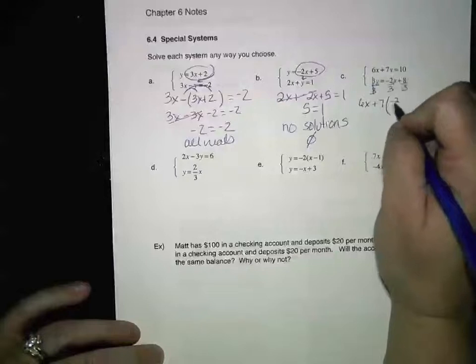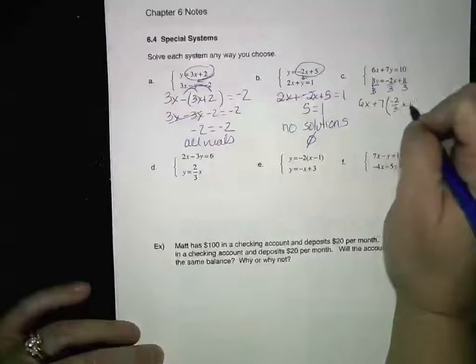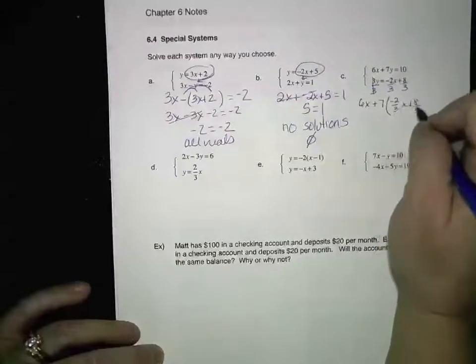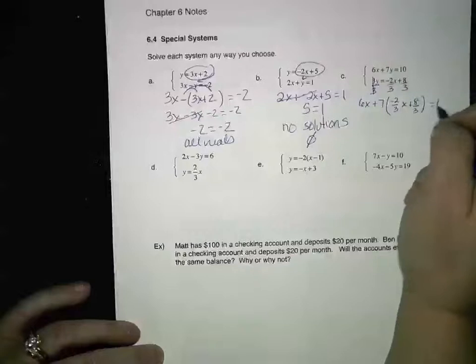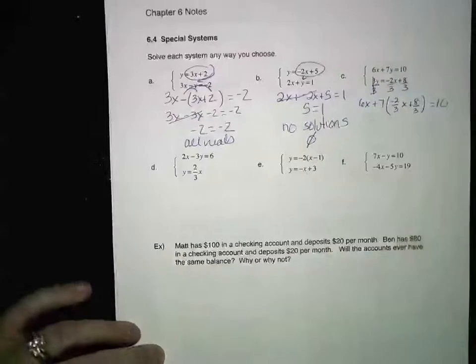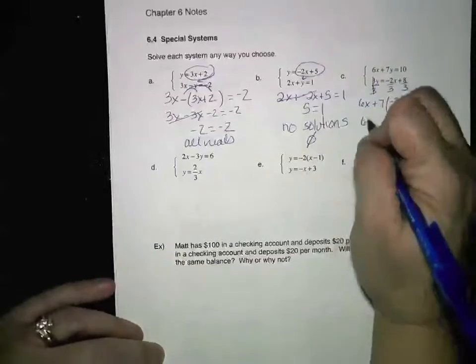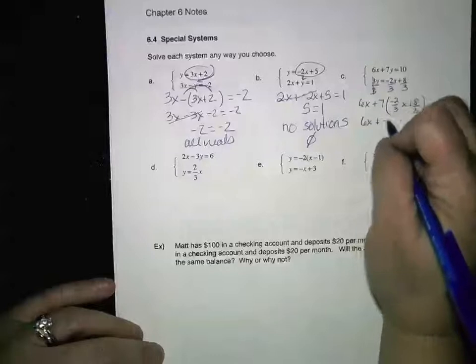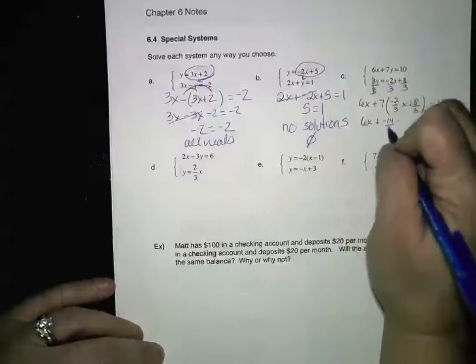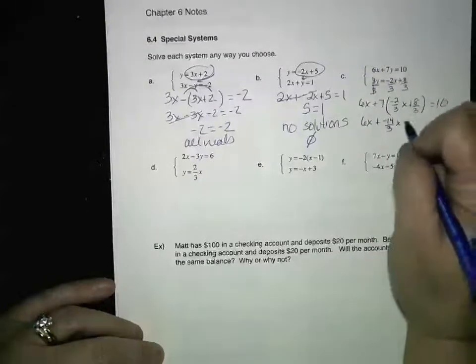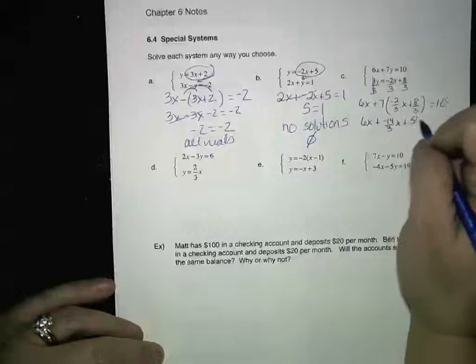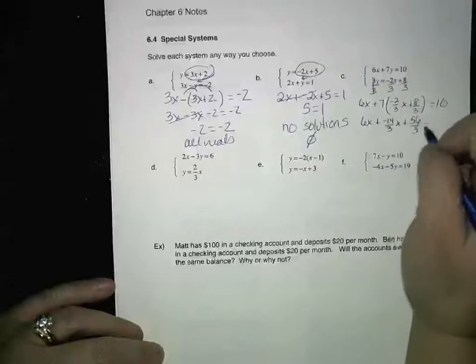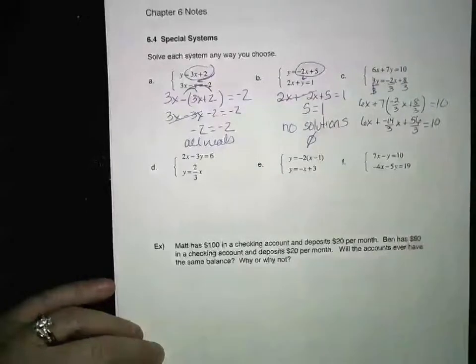That will be negative 2 thirds x plus 8 thirds equals 10. So this will be 6x plus a negative 14 thirds x plus 56 thirds equals 10.